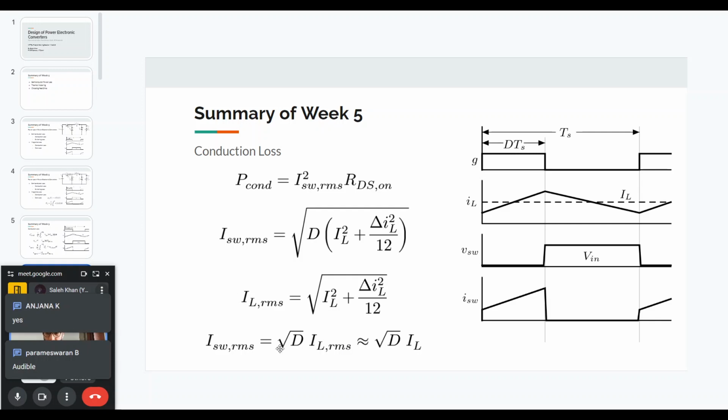Okay, so as I was saying, we see that the switch current RMS is equal to root D times the inductor current RMS.